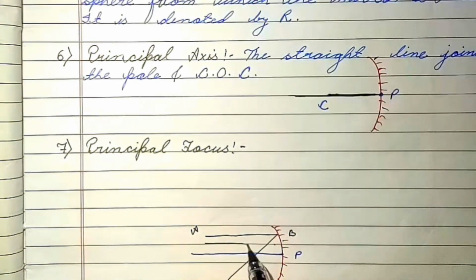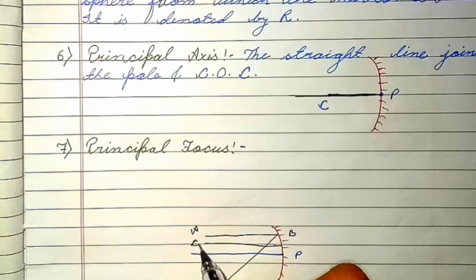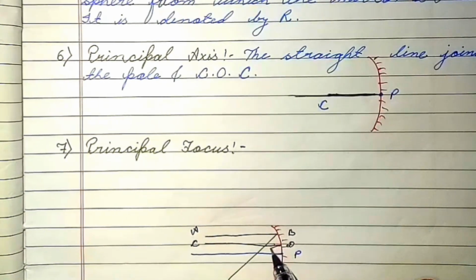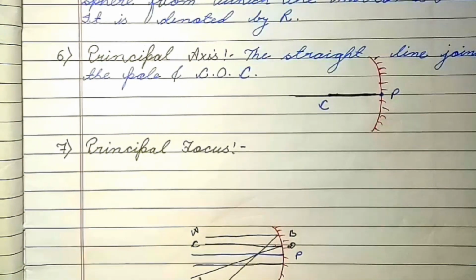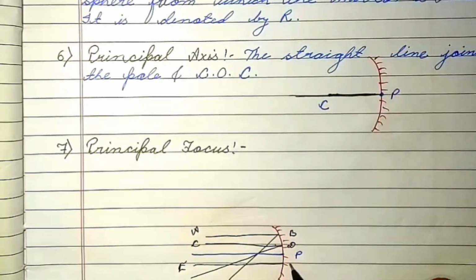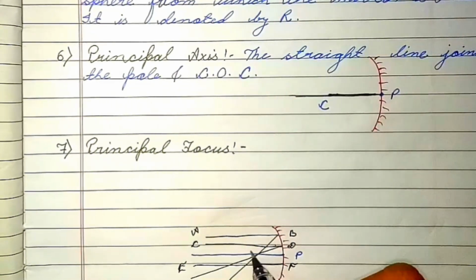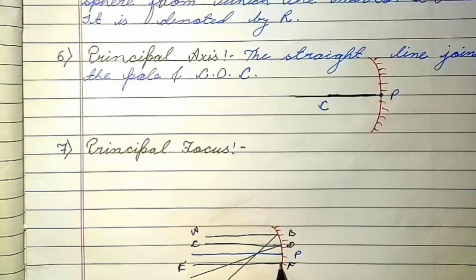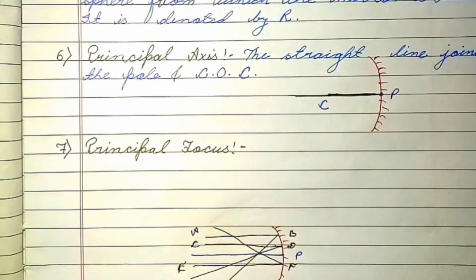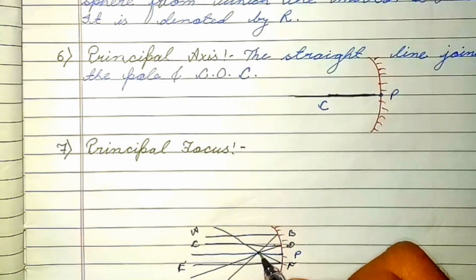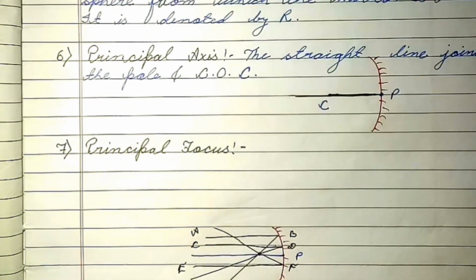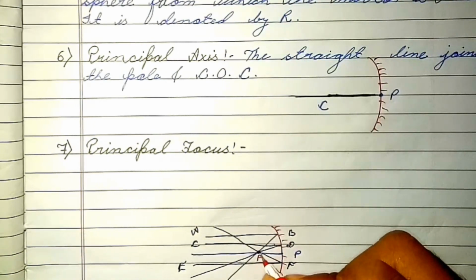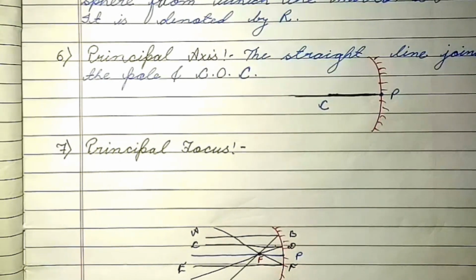Again a ray of light CD, after reflection it goes through this point. Again some rays of light EF, after reflection it goes through this point. So they all converge and go through a point, which means they are all focused at a point. Then this point is known as the focus, principal focus, and it is represented by capital F.